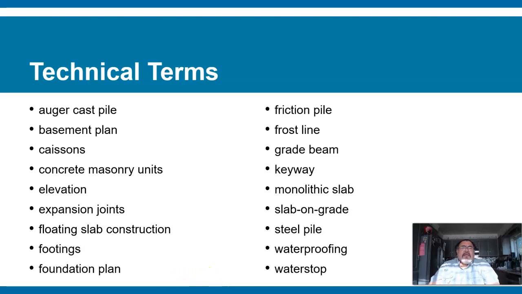A grade beam is a type of foundation system where the foundation is all connected together so that the whole foundation represents a distribution of weight. And if there's any movement, it kind of goes down together. Or if the ground starts to sink underneath, the foundation is connected together.